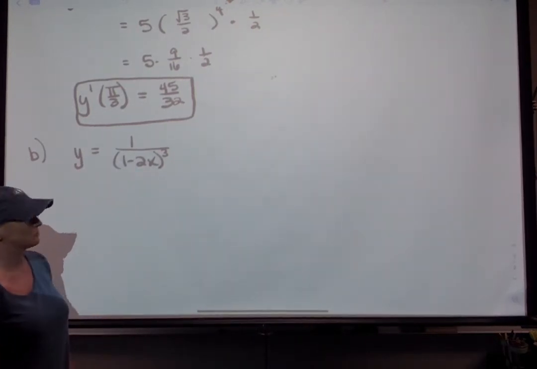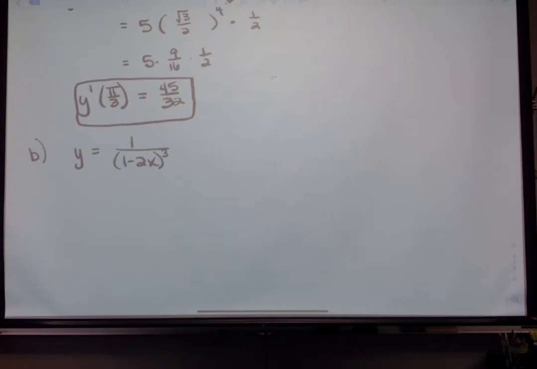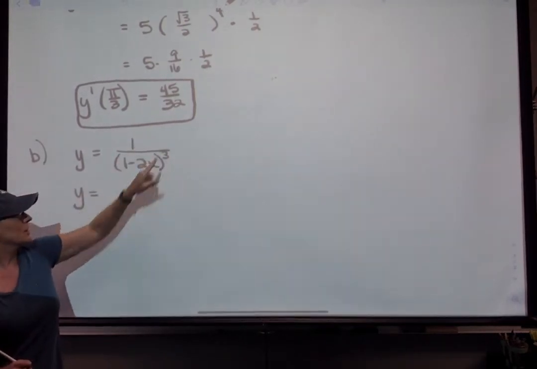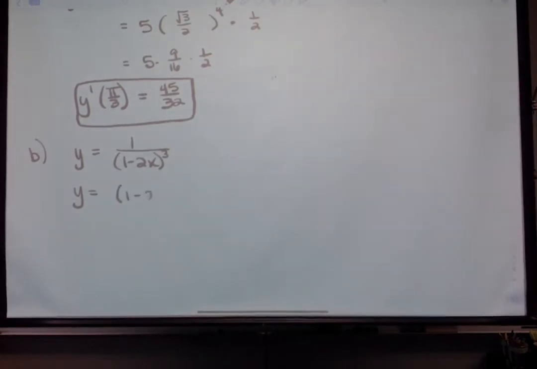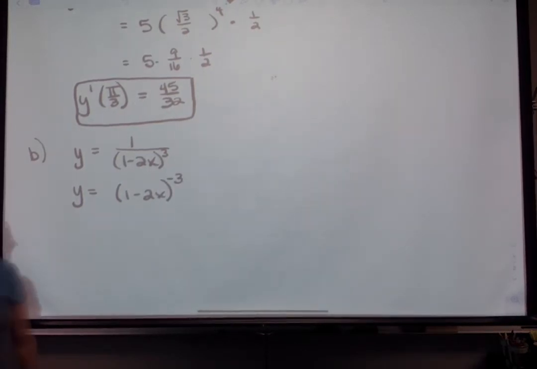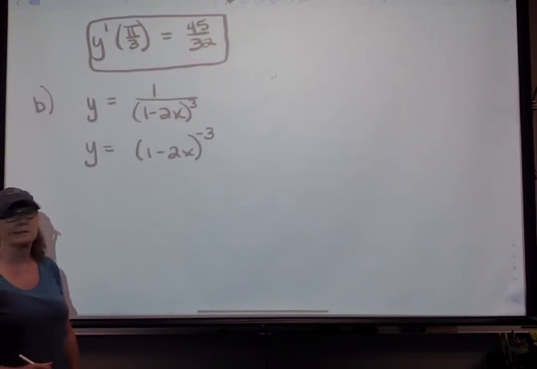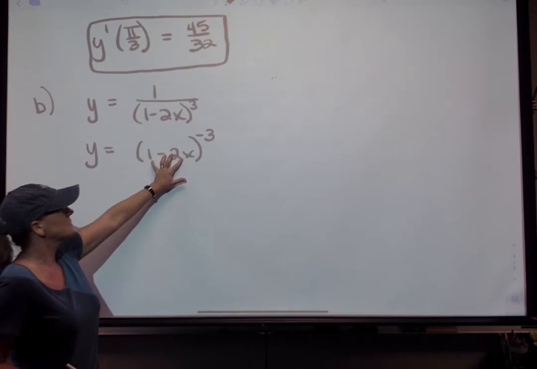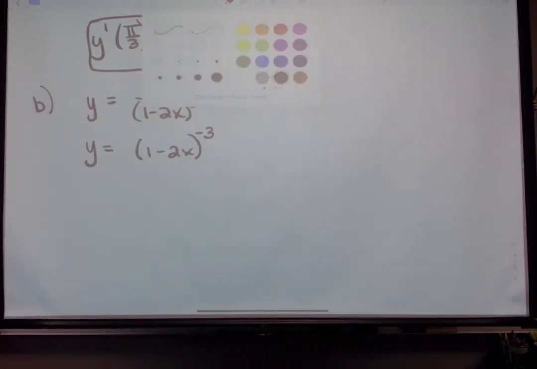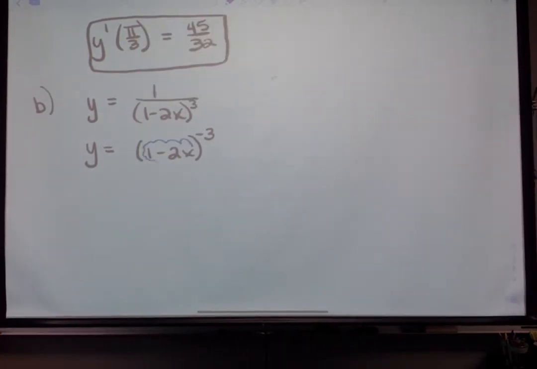But another way to think of this is maybe move that to the numerator and make your exponent negative. Doesn't matter to me. I think most of you would prefer doing it this way. Let's recognize this is messy, and you can go ahead and start to power rule it.